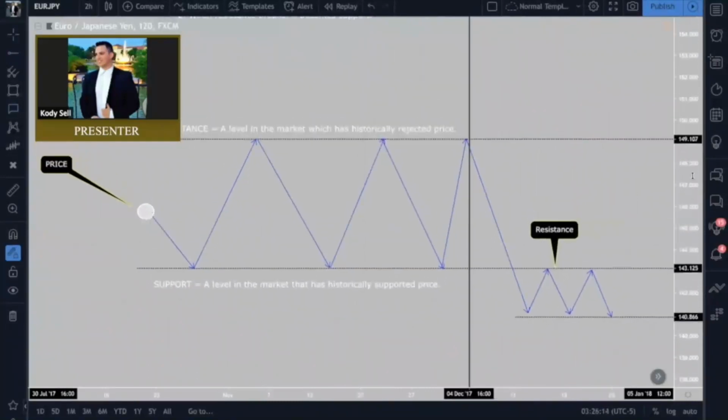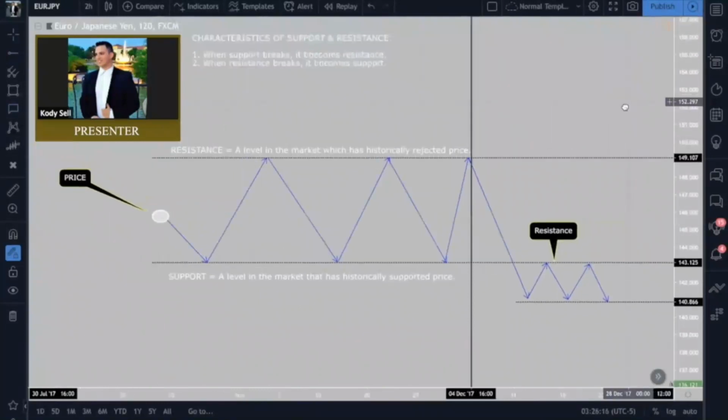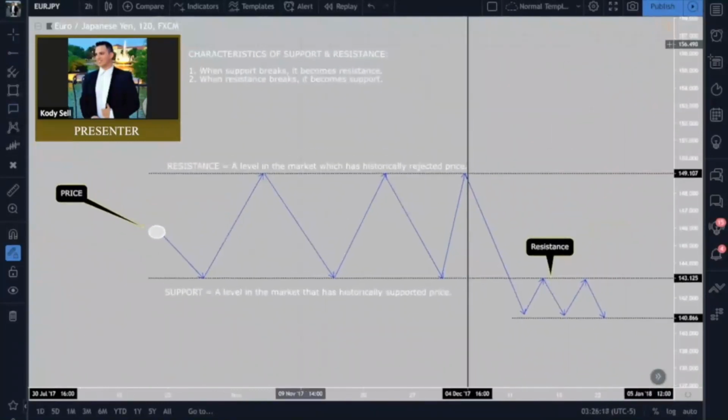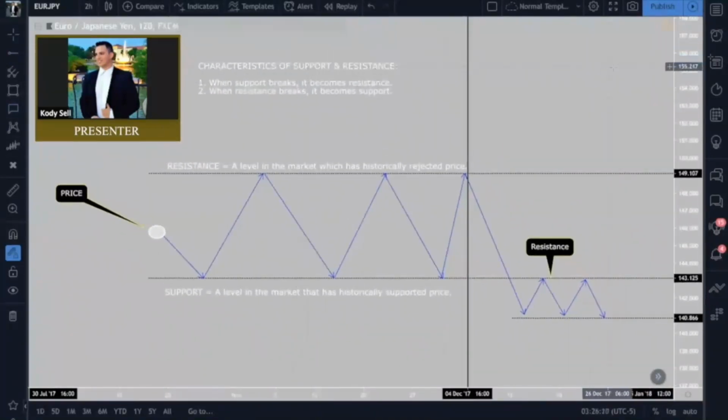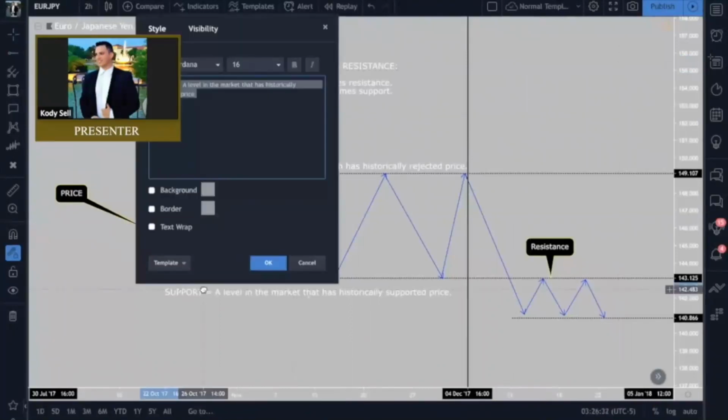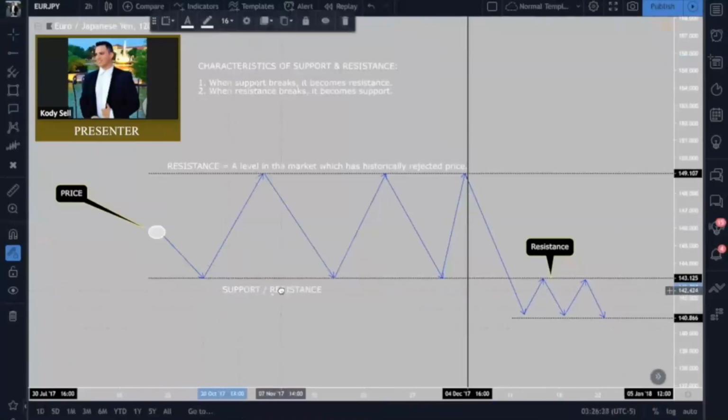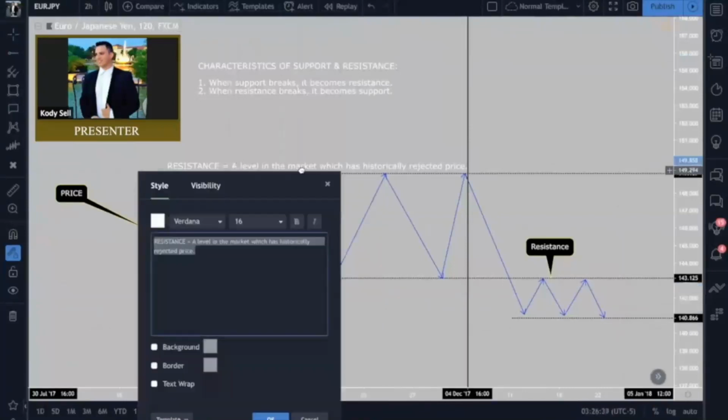So when we talk about support and resistance, we're not talking about support or resistance. We're talking about support and resistance, because in all actuality, this support down here is a support and a resistance. This resistance up here is a support and a resistance.